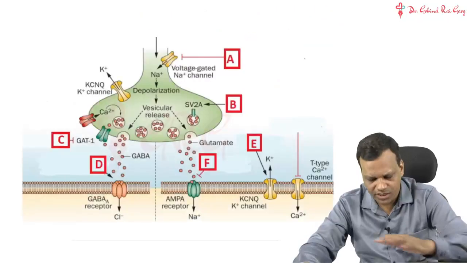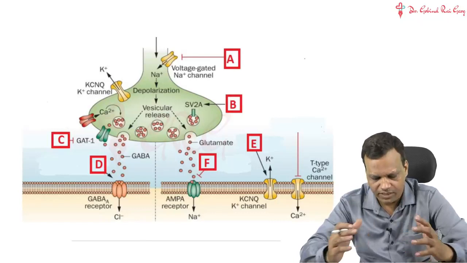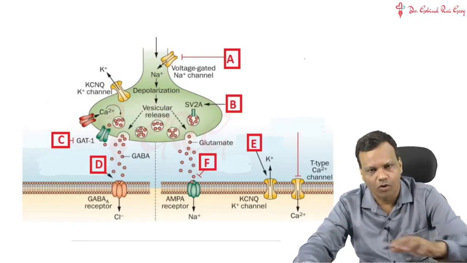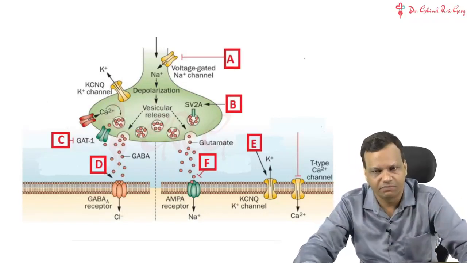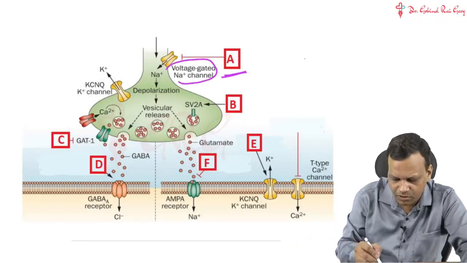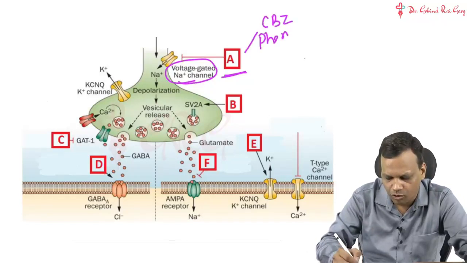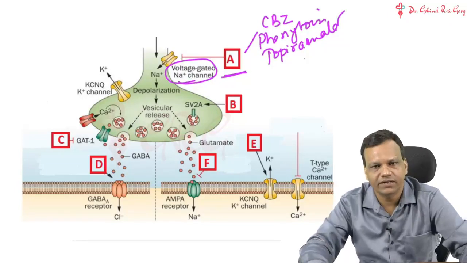Okay, so they can ask the mechanism of anti-epileptic drugs. So I made one image on which all the important drugs have been mentioned. So this A means sodium channel blockers. Sodium channel blockers are plenty of drugs, the important being carbamazepine, phenytoin, topiramate. They are sodium channel blockers, anti-epileptic drugs.